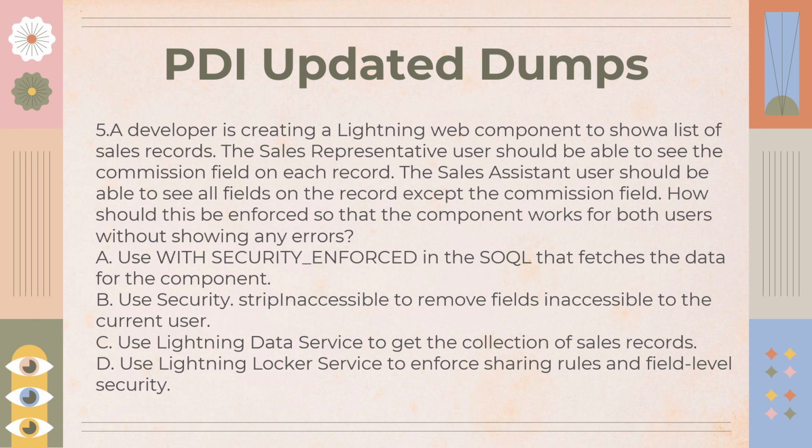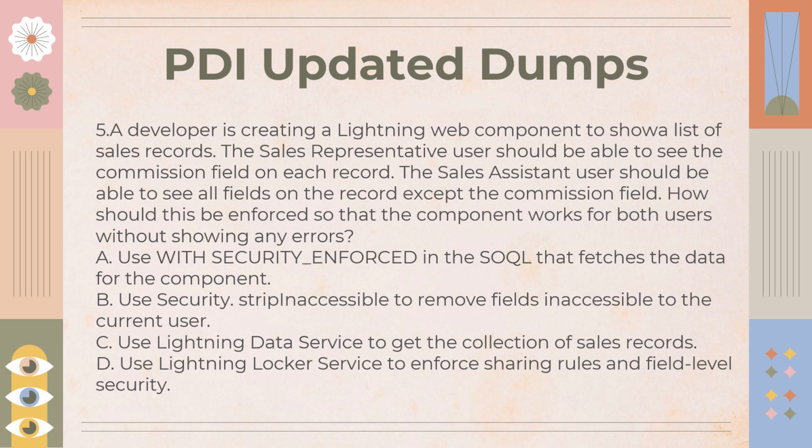5. A developer is creating a Lightning web component to show a list of sales records. The sales representative user should be able to see the commission field on each record. The sales assistant user should be able to see all fields on the record except the commission field. How should this be enforced so that the component works for both users without showing any errors? A. Use WITH SECURITY_ENFORCED in the SOQL that fetches the data for the component.